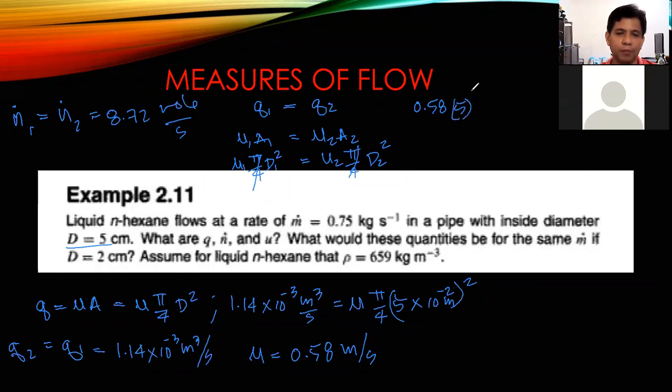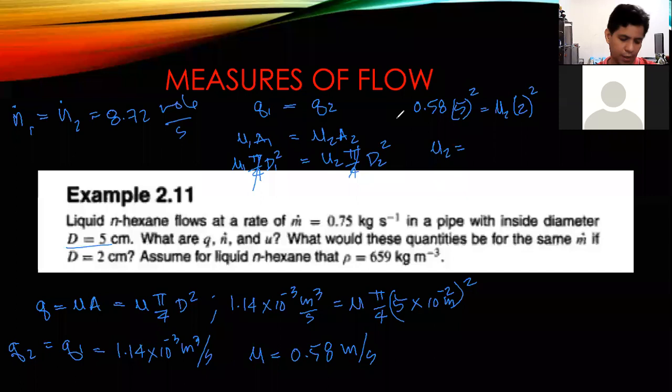Kahit hindi nyo na-convert yung 5 cm, square nyo lang, kasi magka-cancel out din lang yung unit. Tapos U2. So, kung ano yung unit ng U1, yun din yung unit ng U2. 2 centimeter na lang, sa square. So, finally, you can now get the velocity at the second pipe, U2. So, U2 is equals to 3.63 meter per second. Subukan: 0.58 times 25 divided by 4. Di ba? You're getting the 3.625 meter per second.